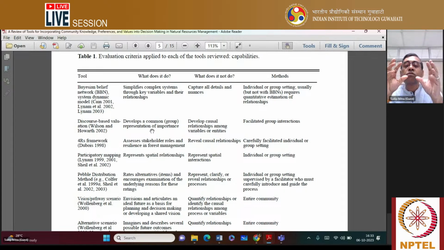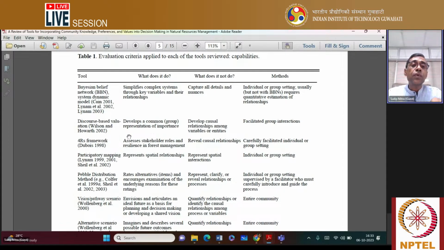So it follows the methodology through group interactions. And here your interactions with people and the community can be very critical for coming out with a better decision.